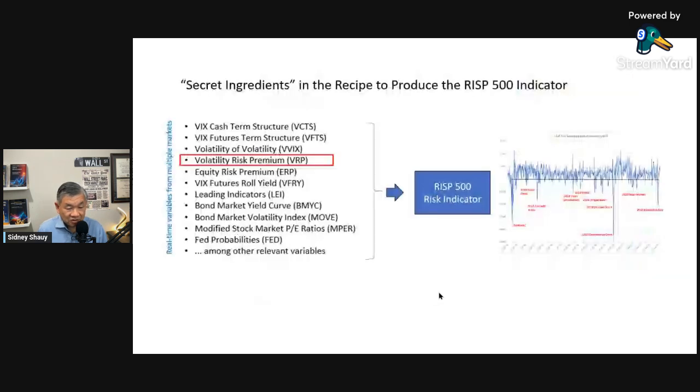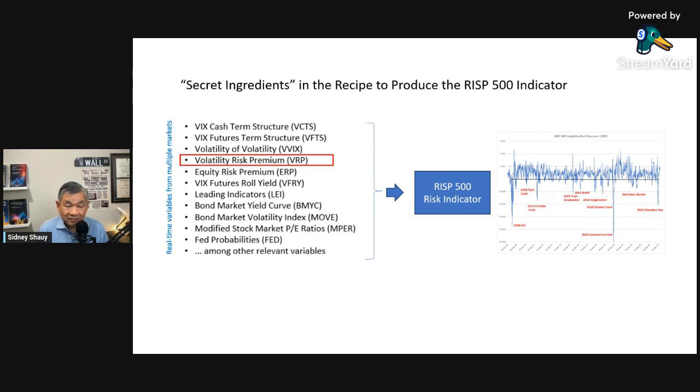As I said, the VRP is one of the secret ingredients in the recipe to produce the risk 500 indicator. There are several variables here, and those variables have been tested for years, I would say decades.